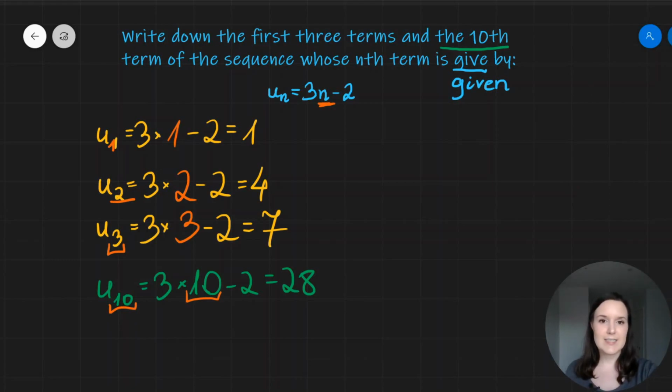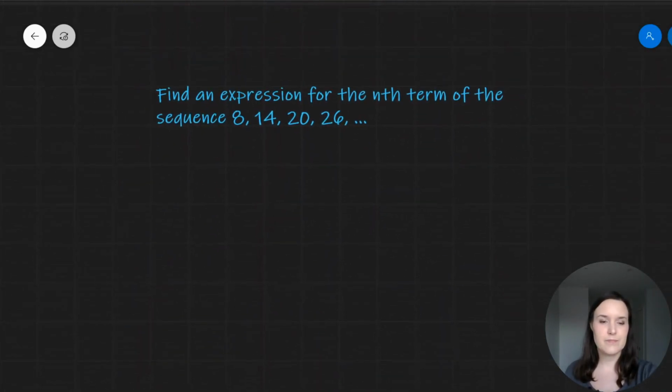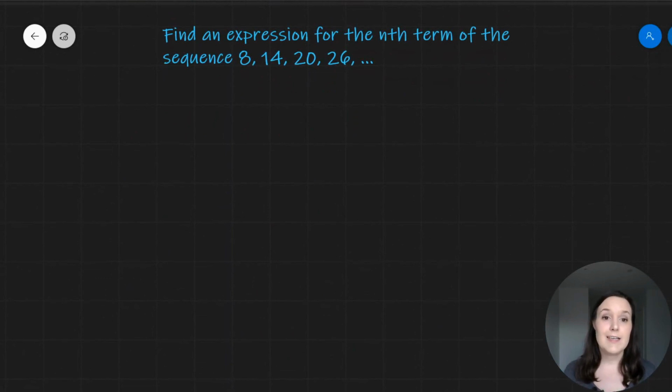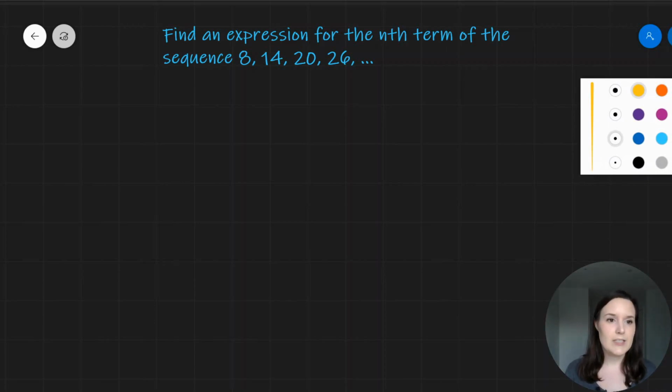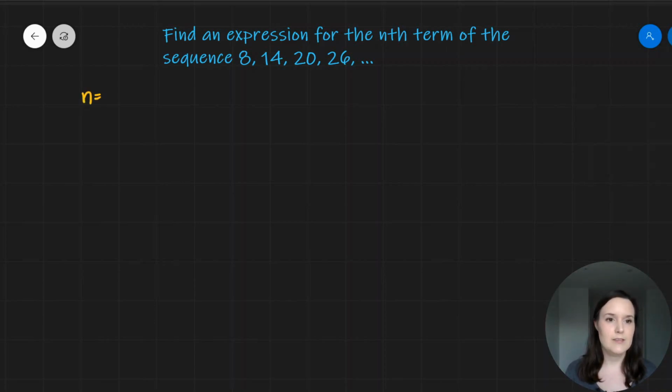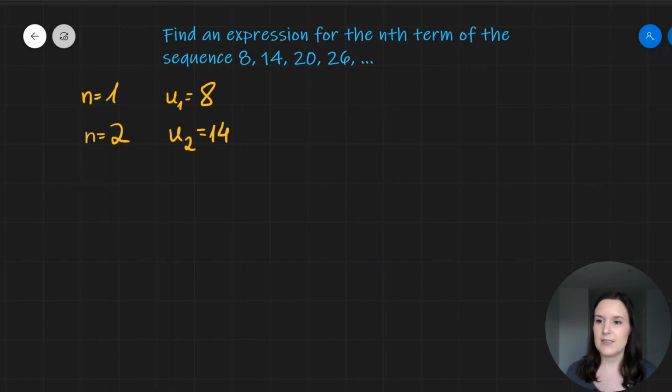Let's take a look at the next example. Find an expression for the nth term of the sequence 8, 14, 20, 26, and so on. Okay, so now I know that when n is 1, u1, the first term, is 8. For n equal to 2, u2 is 14, and then the next one is 20, and then 26.